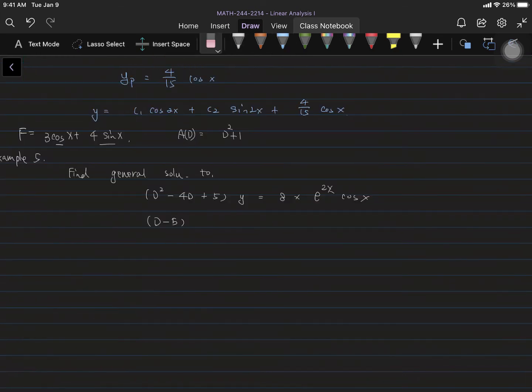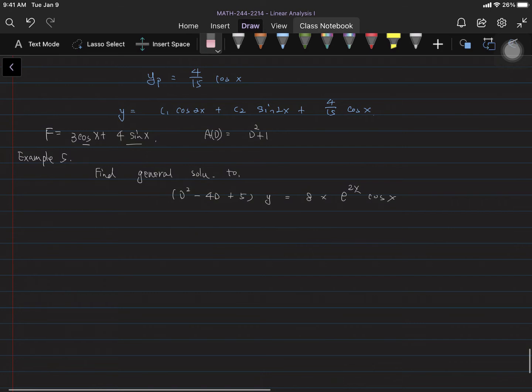Now let's take a look at example 5. Find the general solution to this differential equation. Firstly, we noticed we want to find the general solution to the homogeneous, so that means for the left side, right? And we want to factor this out. Usually, we want to factor this. But when we look at this quadratic polynomial, we cannot factor this out.